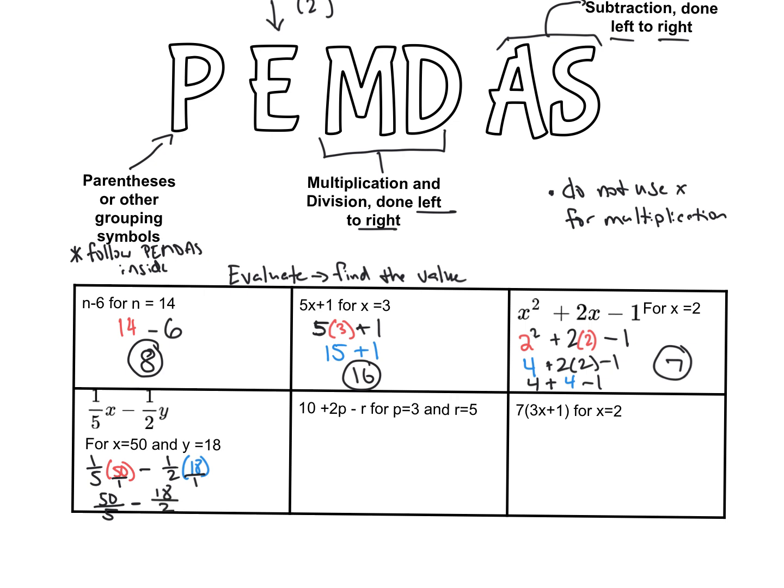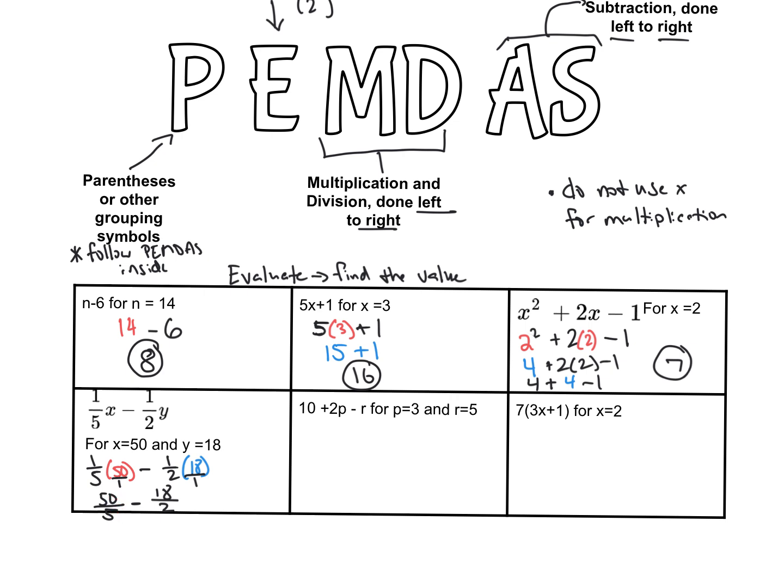Now you might be saying, oh, but Miss Whitney, there's fractions and we're going to need to find a common denominator because we're adding and subtracting. That might be true, but because these are also improper fractions, we're going to see if we can simplify them at all. So I'm going to look first at this as a division problem. Even though it's 50/5, it's also the same thing as 50 divided by 5.